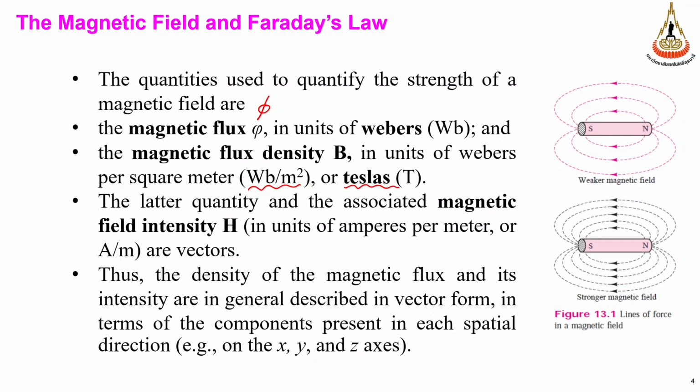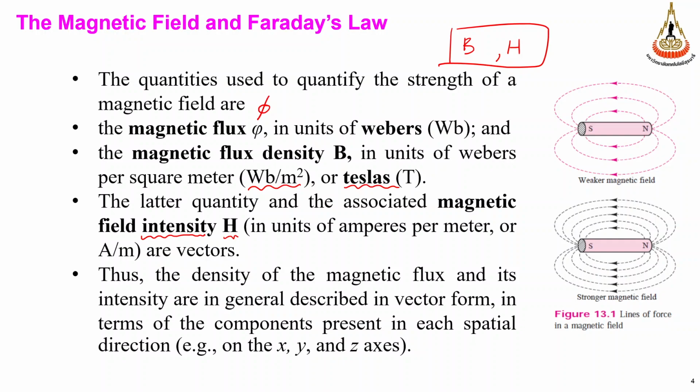And then we have one quantity known as magnetic field intensity, or H. So we have the relation between B and H, and the relation between B and H is one of the key factors in using the power of electricity to transform into mechanical power.